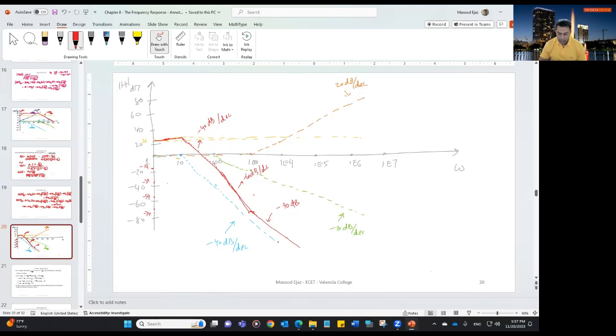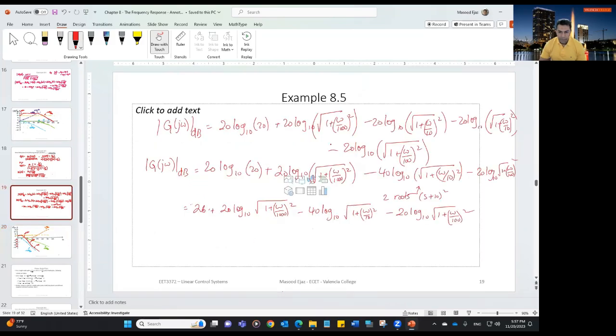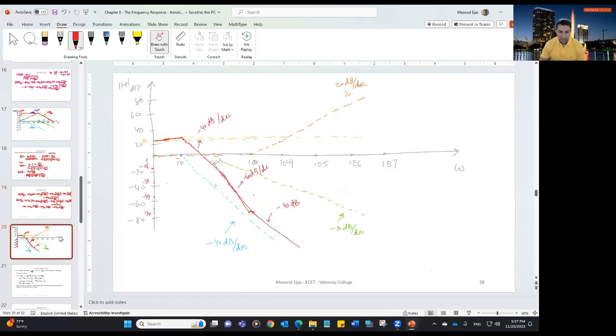In the second graph that you will see, I am plotting negative 40 decibel per decade when the roots are repeated. These 2 roots, I'm plotting negative 40 decibel per decade. And that plot is similar to this plot, which you see over here.